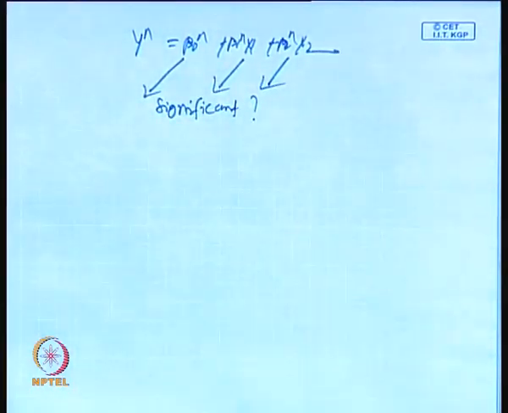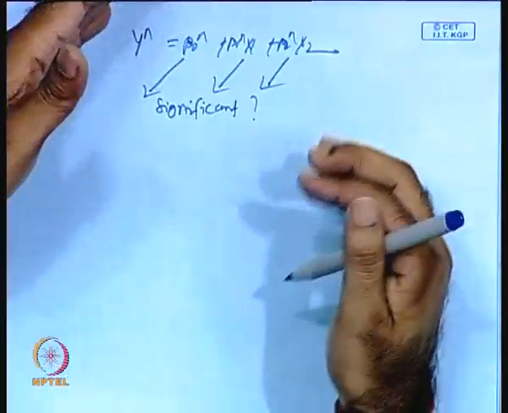So we want to test whether the parameters obtained using these techniques are significant or not. There are in fact two specific objectives. The first objective is to know the significance of the estimated parameters, and the second objective is to know the overall fitness of the model.